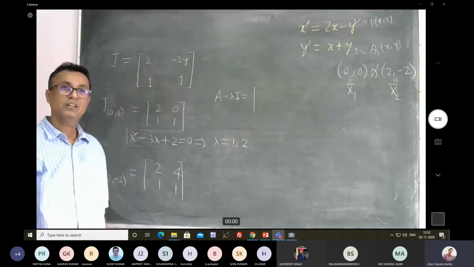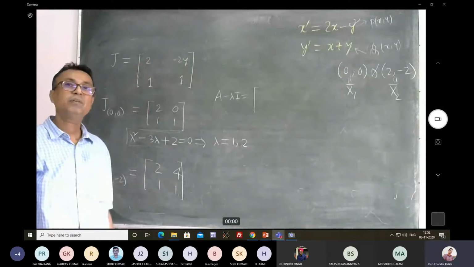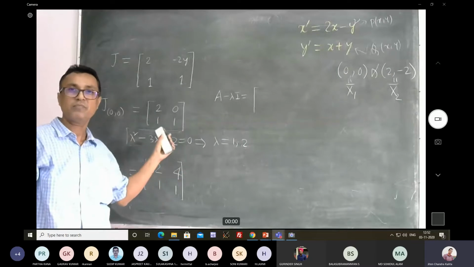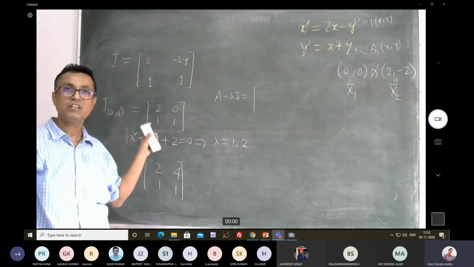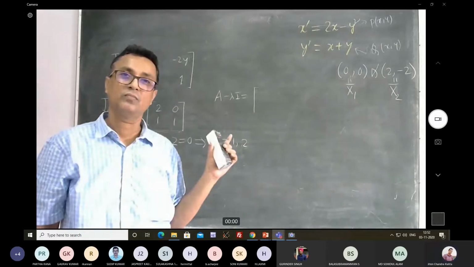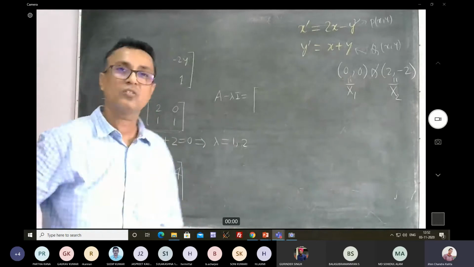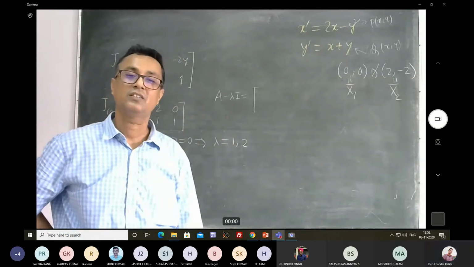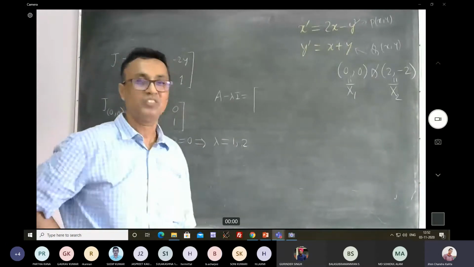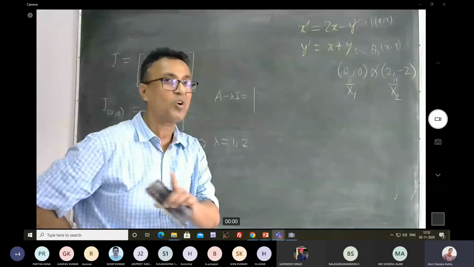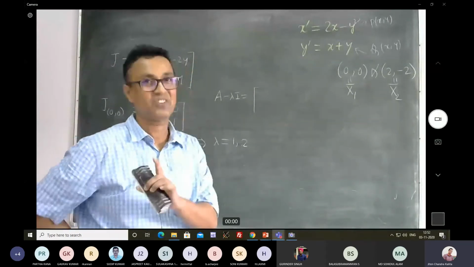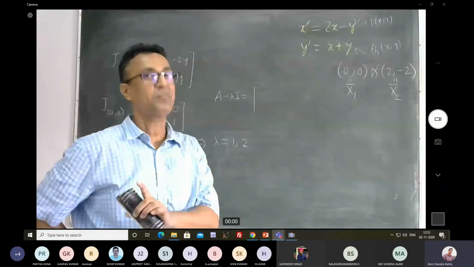So it has a positive real part, and of course the eigenvalues are real here. So what is going to happen? x1, that means (0, 0), is an unstable critical point. Still we haven't talked anything about the shape. Remember, we still haven't talked anything about the shape.